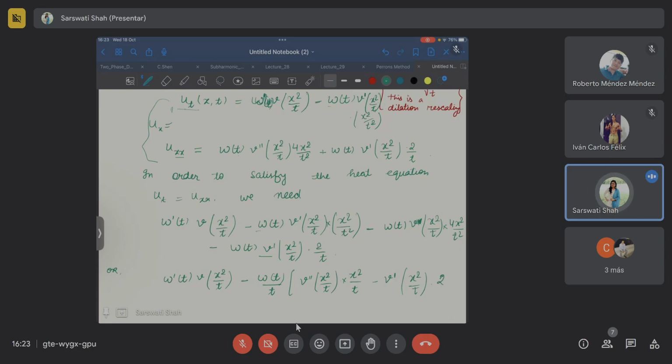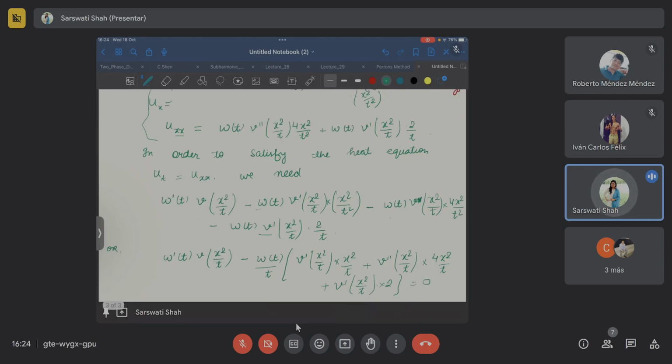I'm making a mistake, sorry. t into x²/t plus v''(x²/t) into 4x²/t plus v'(x²/t) into 2.